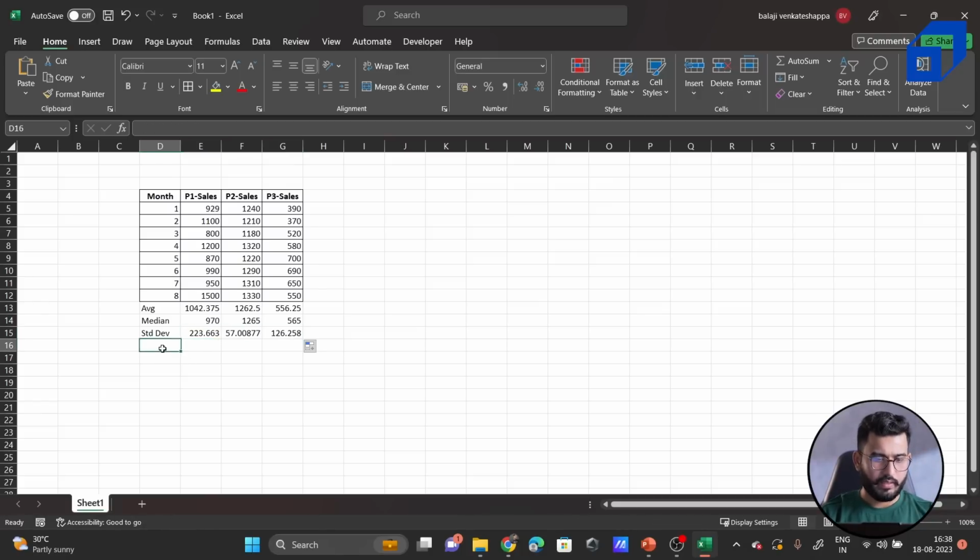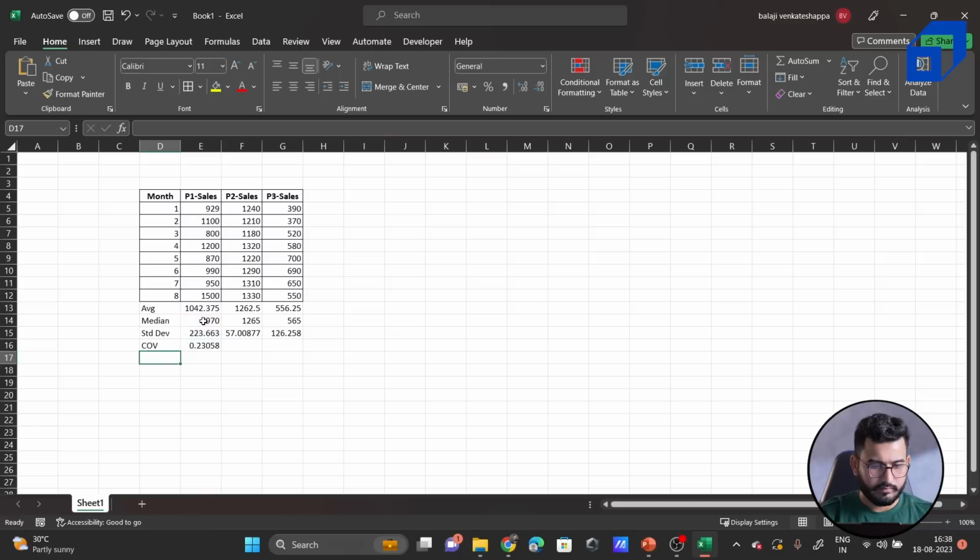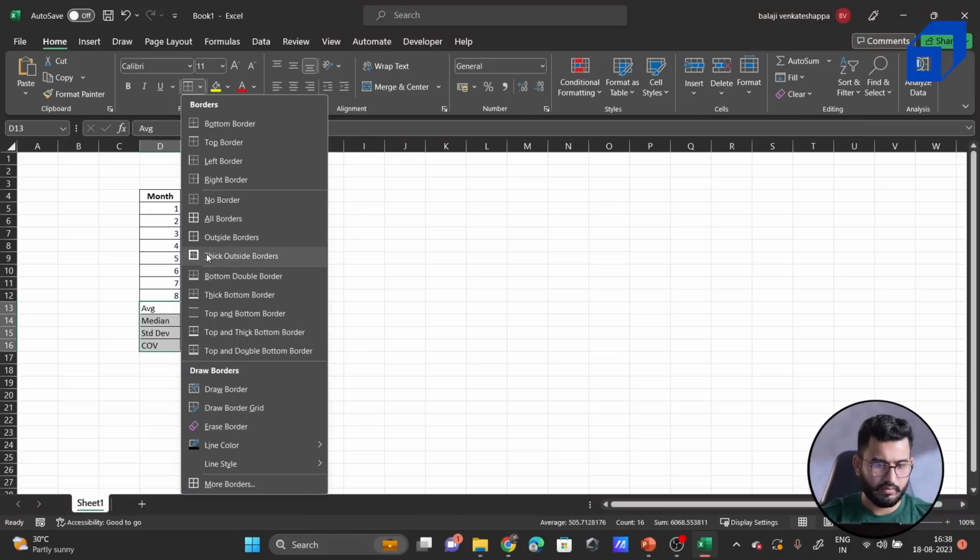And now we will calculate the coefficient of variation, COV. So this is given as the standard deviation divided by its average. Now these are the numbers which we have to carefully read and make sense out of them. What can we conclude about these three products? Let's try to understand them.